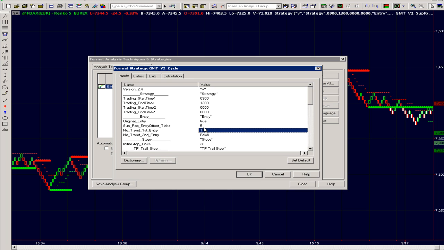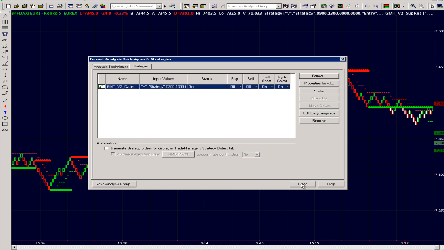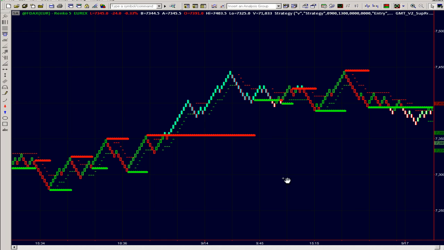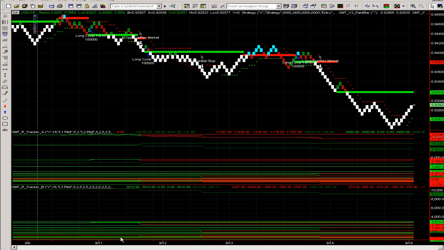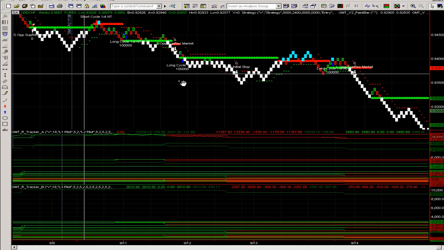That was it. So then we said, okay, let's close that down. What we found when we started looking at the Renko charts, particularly on the currencies, and I'll switch over to the currencies here for a second, is a really good example.